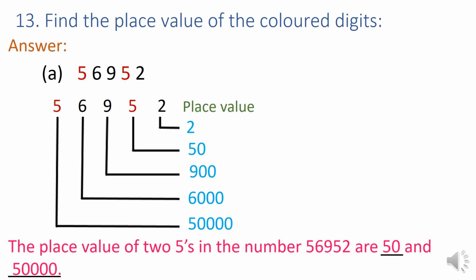Our first number is 56,952. Two fives in the number 56,952 are colored. So our question is find the place value of these two fives.